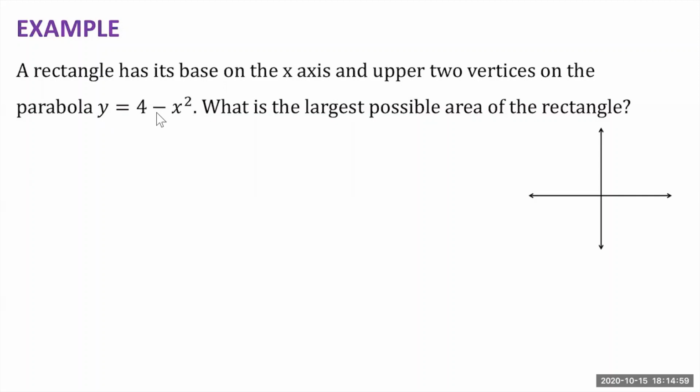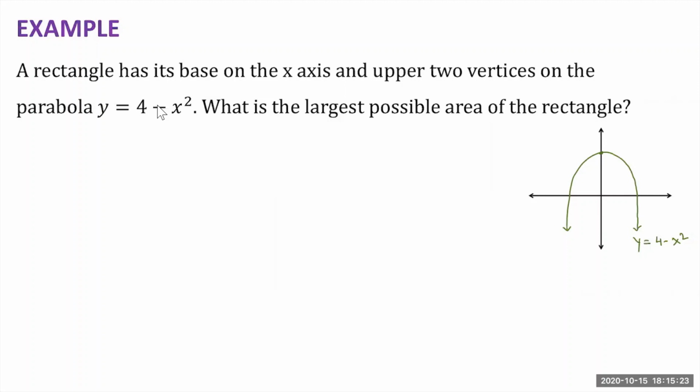Since the coefficient of x squared is negative, it's a downward facing parabola, and the y-intercept is 4. So we draw the parabola facing downward like this.